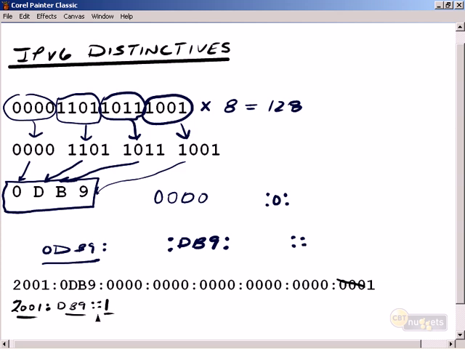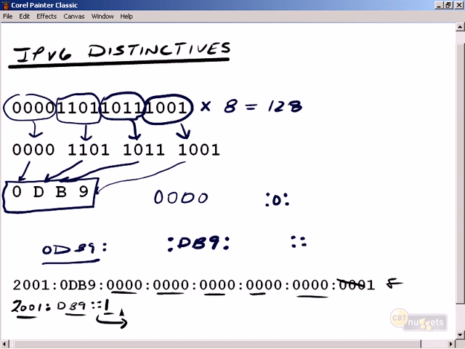Well, this has to represent 5 segments of zeros, because 8 minus 3 is 5, and that's exactly right. 1, 2, 3, 4, 5 segments of 0. So we can represent this IPv6 128-bit address as 2001 colon DB9 colon 1.